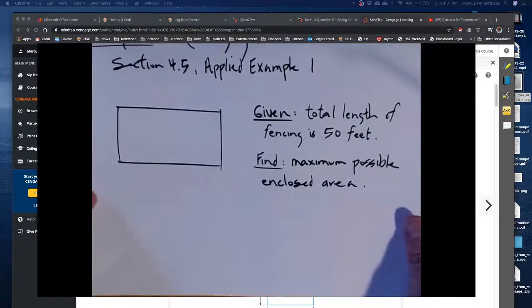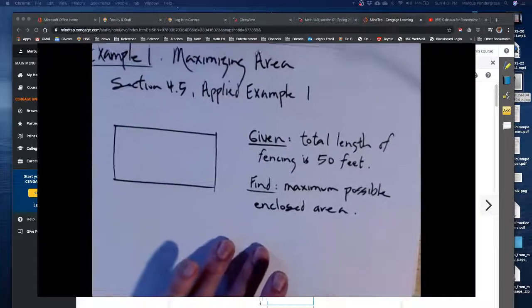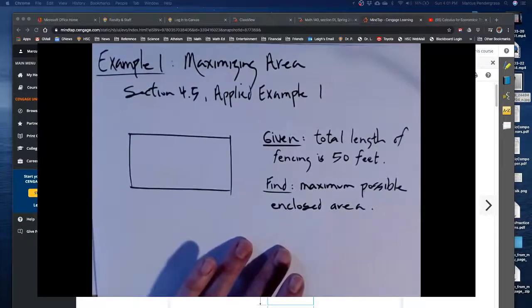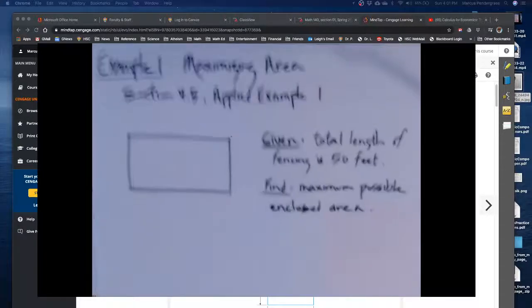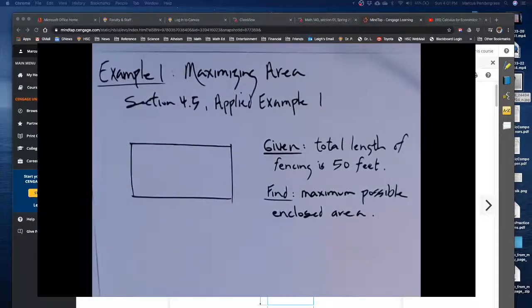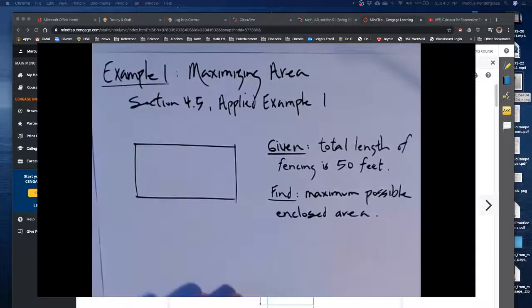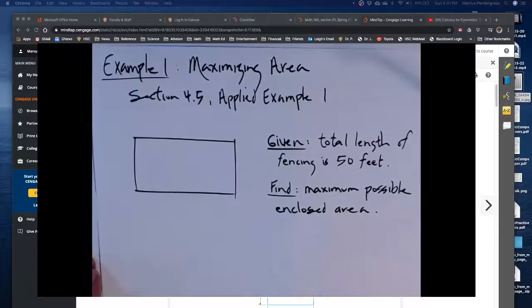Here, I've just written down the basics of the problem and drawn myself a little figure. We're given that we want to make a rectangular garden, that the total amount of fencing we have is 50 feet, and we want to find the garden that maximizes the area.